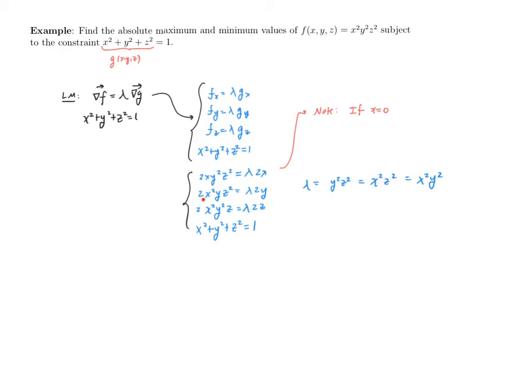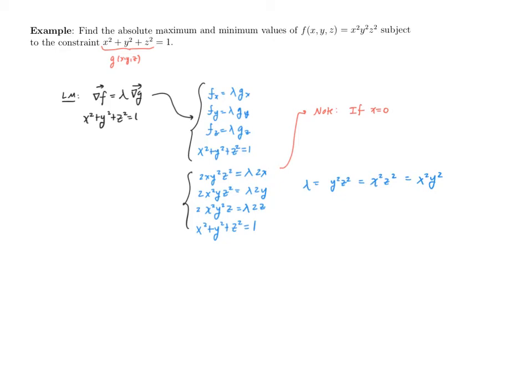In the second equation, if x is 0, the left-hand side is 0, which forces either lambda to be 0 or y to be 0. Similarly, in the third equation, it forces lambda to be 0 or z to be 0.